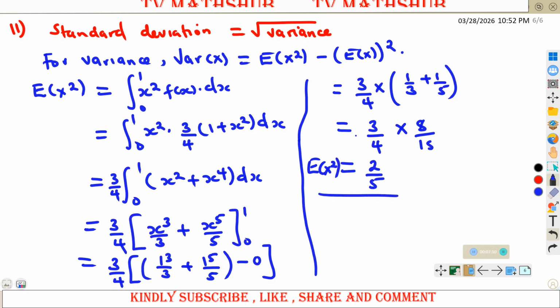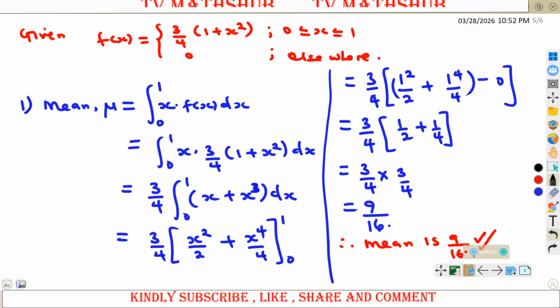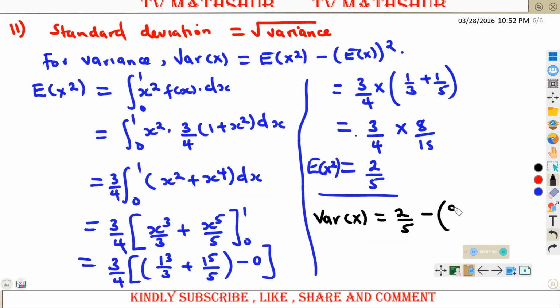Now, having gotten that, remember we are interested in variance. So what will be the variance? The variance of X will be 2 over 5 minus, we had 9 over 16, so minus 9 over 16 squared.